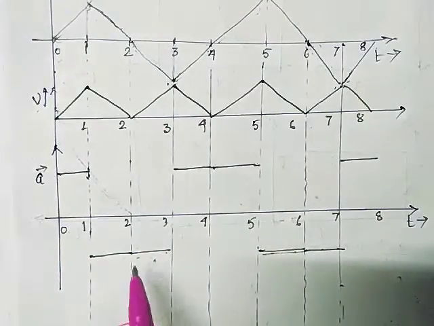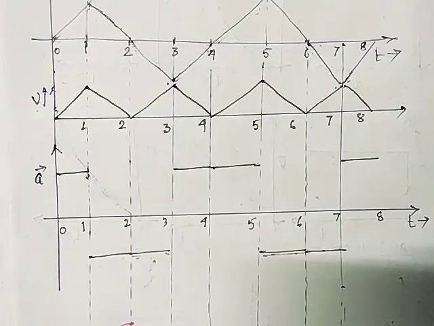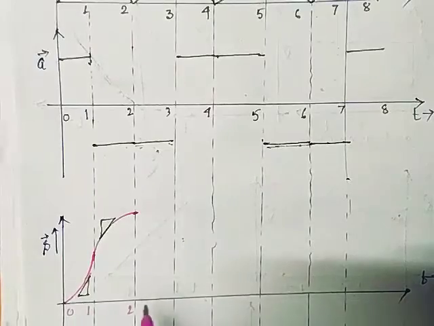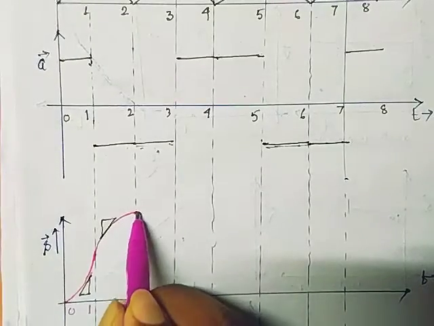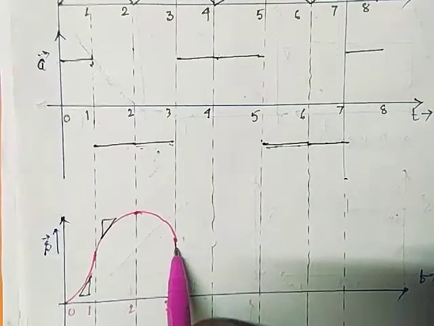And looking at the acceleration, it is 0. So we have to show a decreasing slope, the parabolic path, but on the negative side. So from 2 to 3, obviously it will look like this. Up to 3, it will look like this.